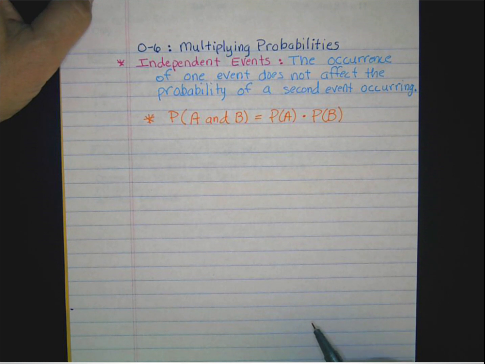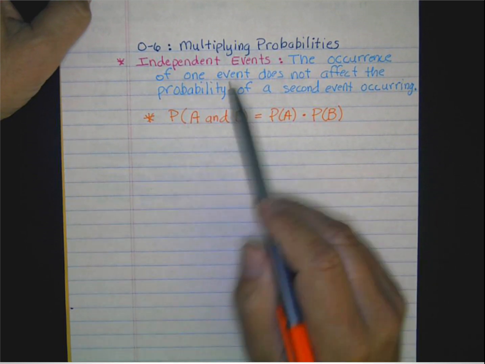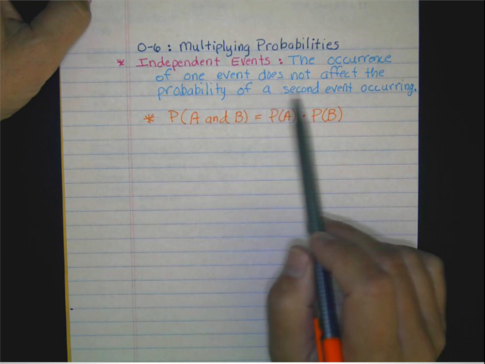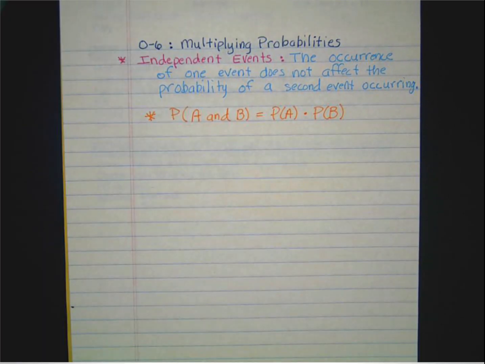Independent events means the occurrence of one event does not affect the probability of a second event happening. In other words, if I was flipping a coin and rolling a die, one has no effect on the other one. Flipping a coin twice in a row, flipping that coin the first time has no effect on what happens the second time I flip it.